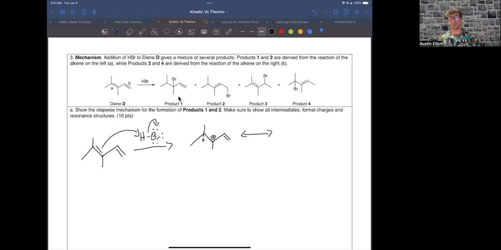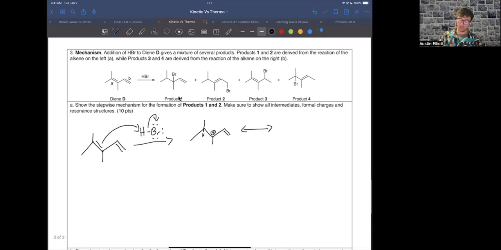If you draw one forward direction or a half arrow, you'll lose a point for that on the test. So our next structure is going to look something like this, moving that positive charge to the end of our chain like that.